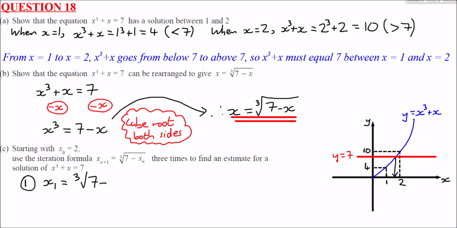It can be cube root of 7 minus 2. Let's see what that gives us.